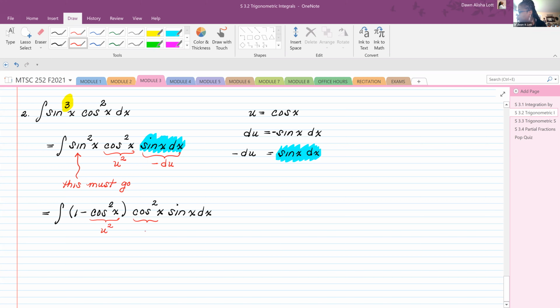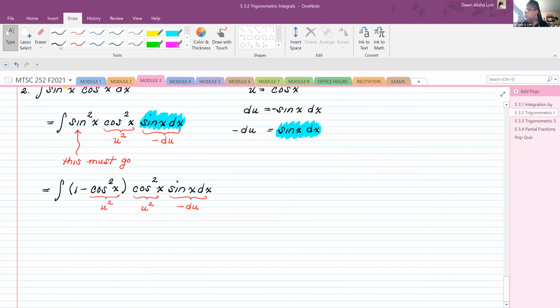This is u squared. And this is minus du. So I have everything taken care of. So now this becomes negative the integral of 1 minus u squared times u squared du. That's so easy to integrate.